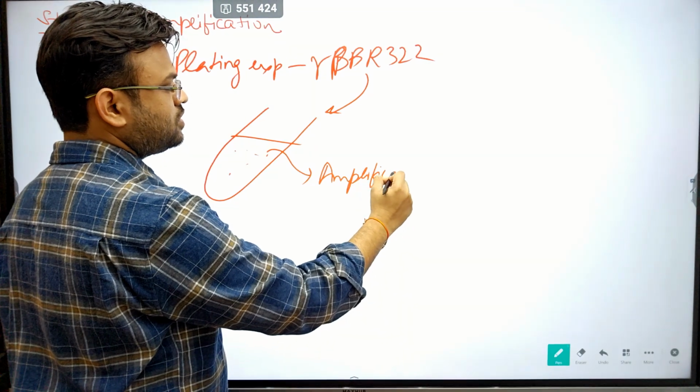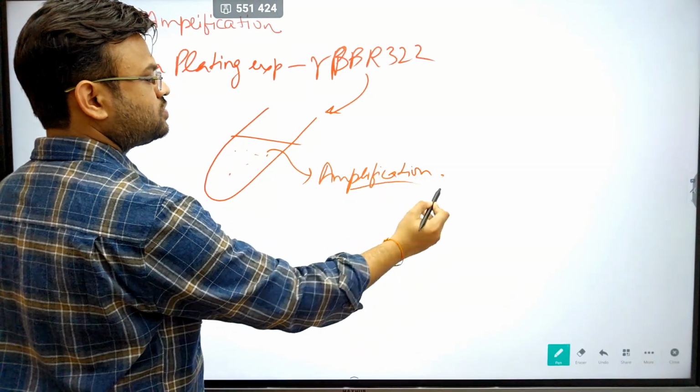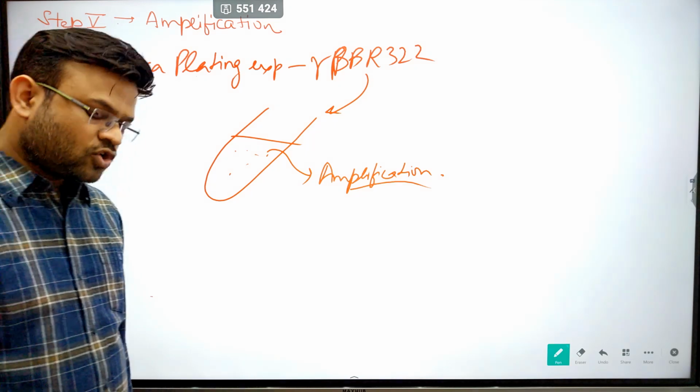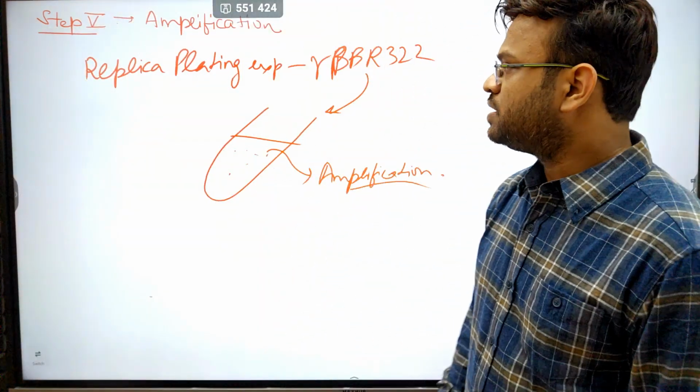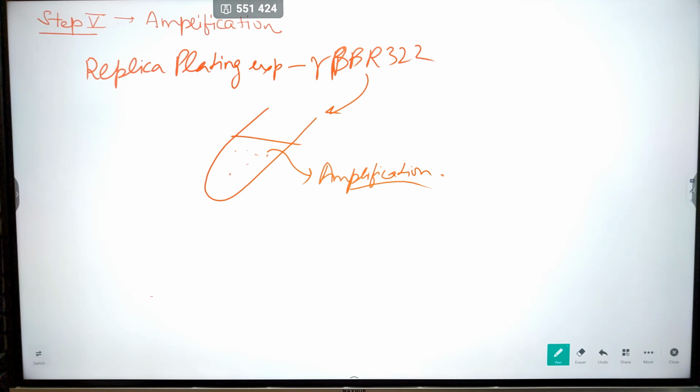So this is the way in which it is used for the purpose of cloning. I hope you got a clear idea. Now you can take a photograph of this and then we can move forward.